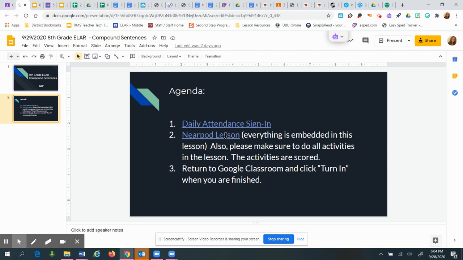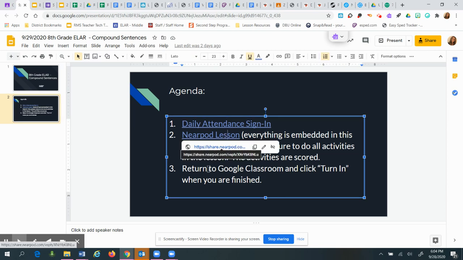Today, I provided to you a Nearpod lesson. So you will click on this link. It'll go to Nearpod. Notice though, number 3 says, when you finish, go to Google Classroom and turn in. Nearpod is a lot like PowerPoint, and PowerPoint is a lot like slides. They're kind of all similar.